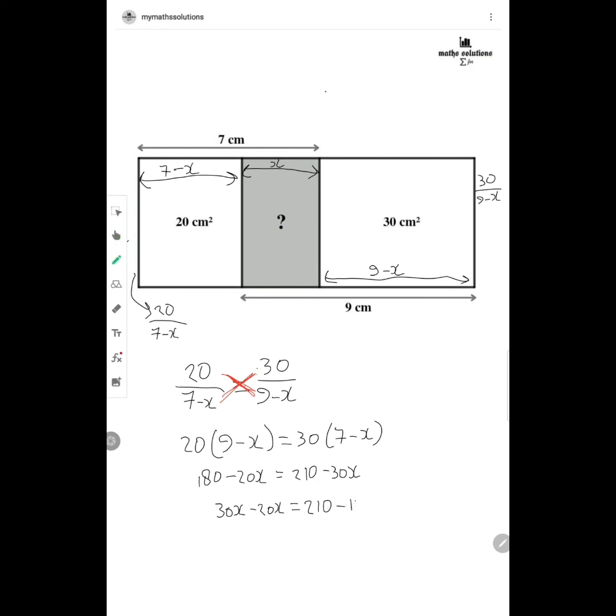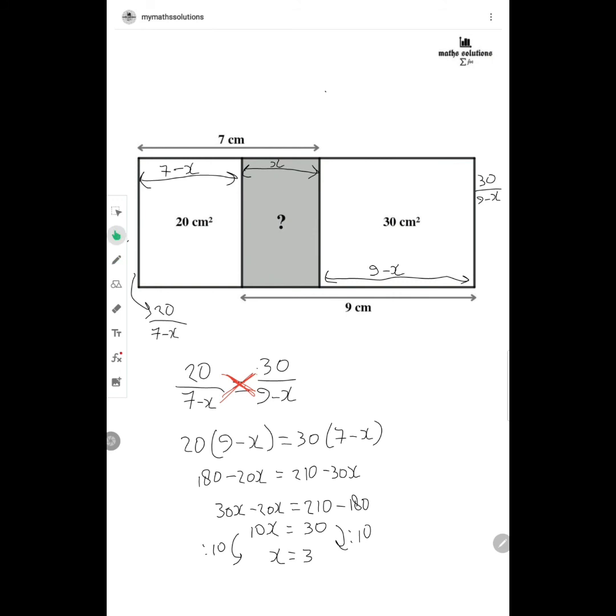It's negative 180, or minus 180. You're gonna work it out. You're gonna get 10x is equal to 30. So I divide both sides by 10, and I get x is equal to 3.